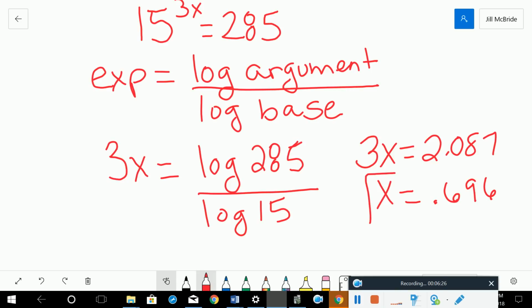Okay, and again, we don't have to worry about checking it as far as extraneous solutions go. But if you want to go ahead and go back to your calculator and plug it in, if you plug in 0.696 for x, it's not going to be exactly 285 because you rounded it. But let me show you on your calculator how you can do it without actually rounding. We have 15 to the power of 3x.